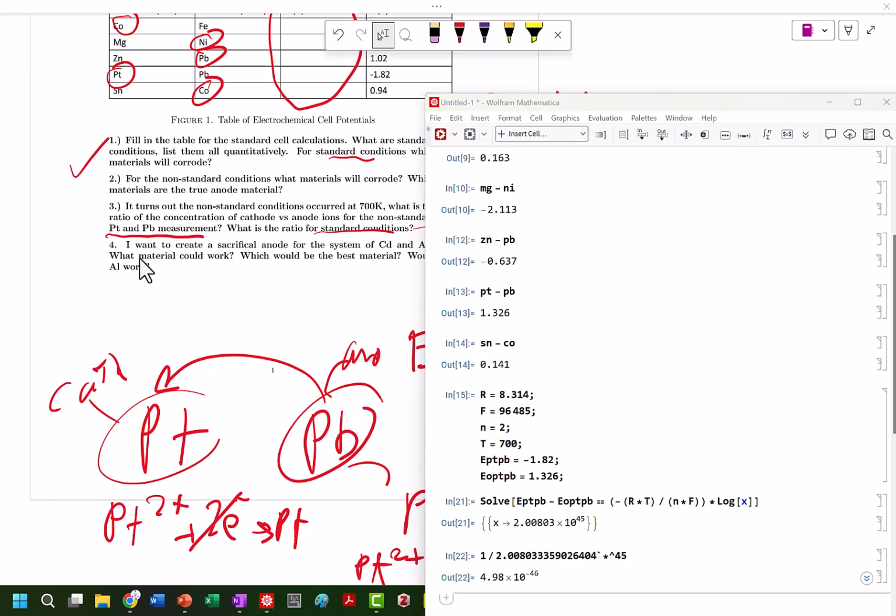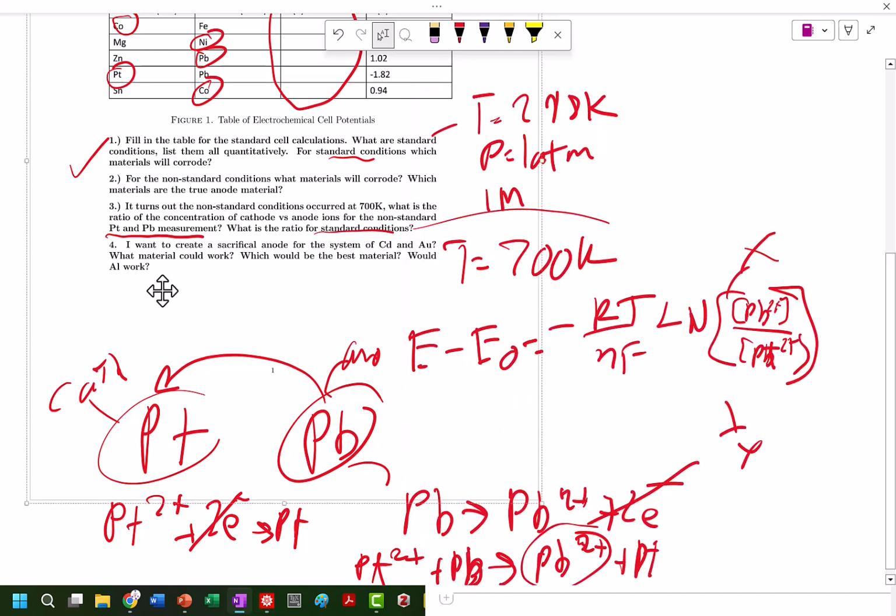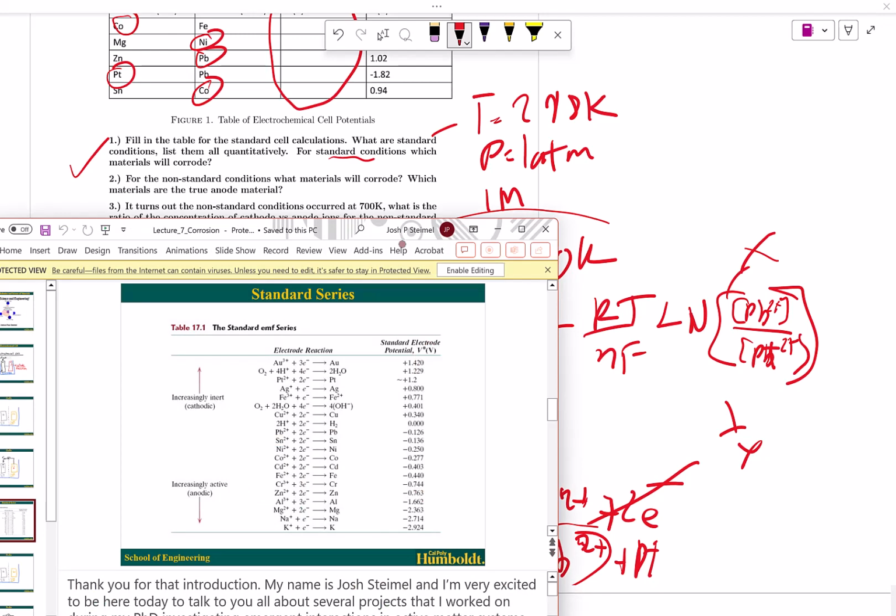I want to create a sacrificial anode for the system of Cd and Au. What material would work? We need to protect Cd because Cd is going to be the one that corrodes here. Basically we want anything that's below Cd, increasingly anodic, because we know Au is higher, so Cd is going to corrode.